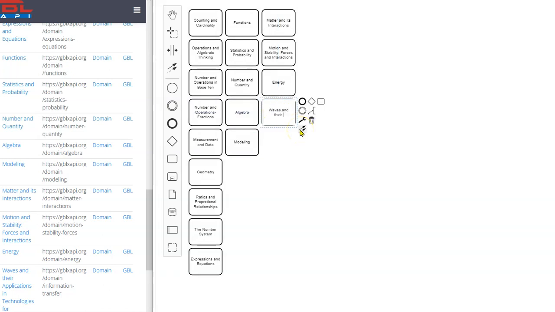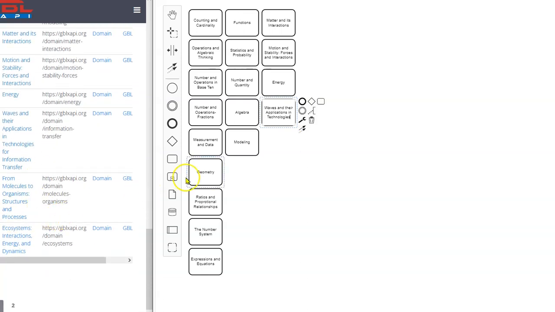Waves and their applications in technologies for information transfer. So mouthful. Waves and their applications and technologies for information transfer.